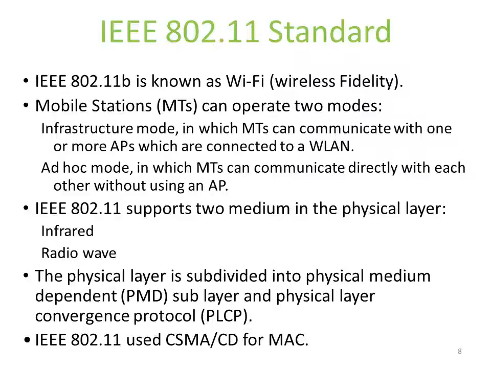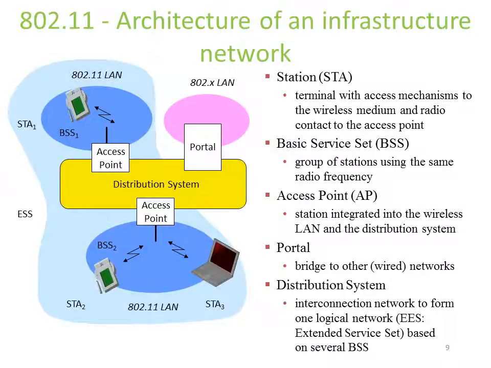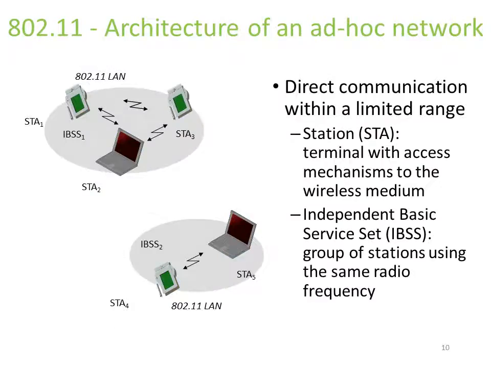Similarly, there are a number of other types of devices, like HiperLAN. HiperLAN is another type of device that can work for the same wireless LANs. So these are the different types of architectures where we have to work with 802.11 devices.